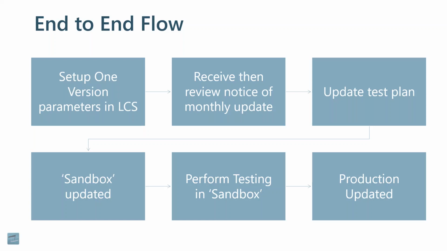So for example, if you use alerts and you saw that there was a new feature coming to alerts, you would want to test out some of your alerts to make sure it'll continue to work after this update. And then your sandbox would be updated. You perform testing in that sandbox, and if all goes well, your production environment is updated.